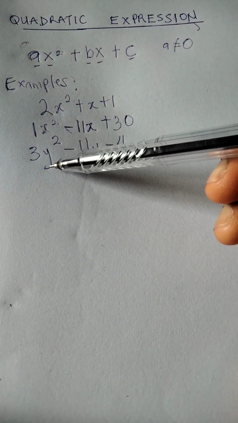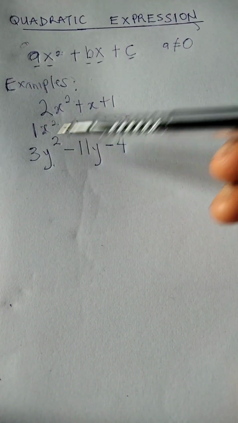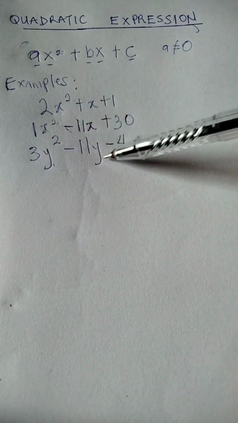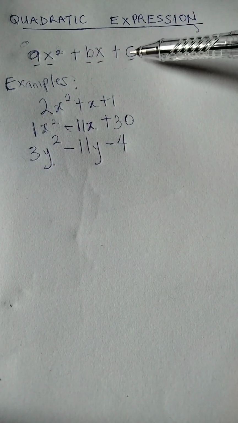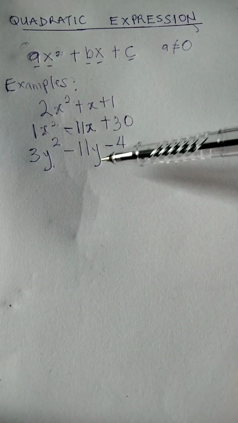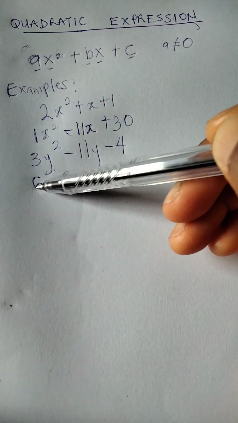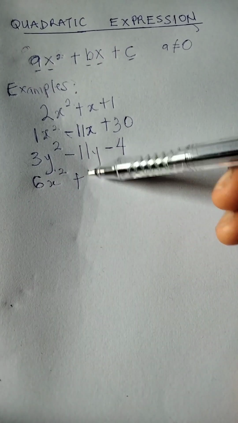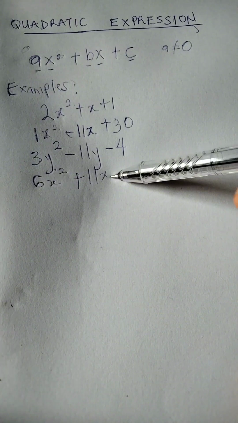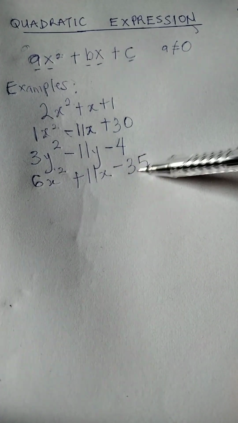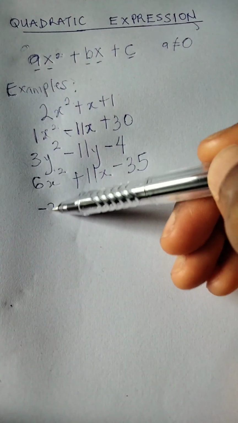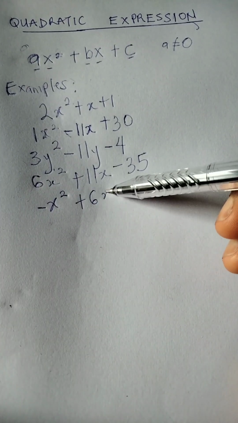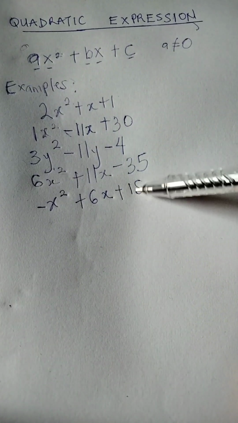Again, the coefficient of y squared is 3. Comparing this expression with the general form, you see that a is 3, b here is minus 11, and c is minus 4. Now we can also have 6x squared plus 11x minus 35. And then we can also have minus x squared plus 6x plus 18.